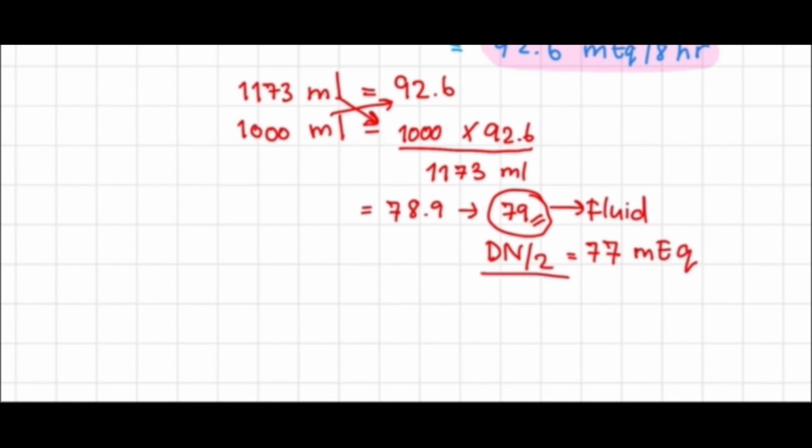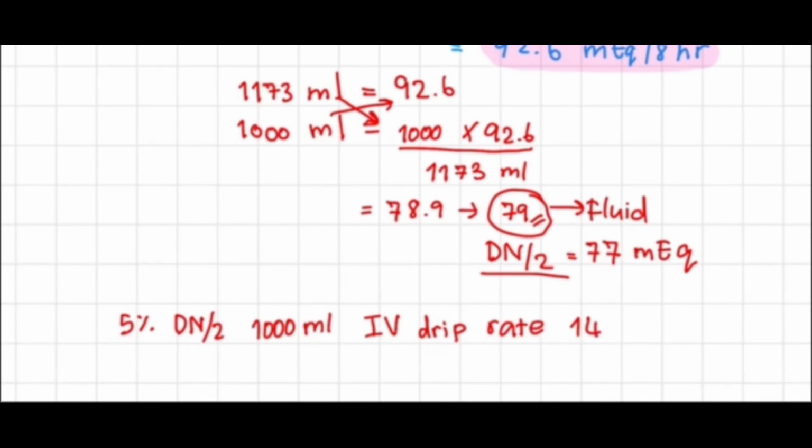Now, if I'm going to write this as an order, I would say 5% D5 half normal saline, 1000 mLs, IV drip rate 146 ml per hour. And that's that.